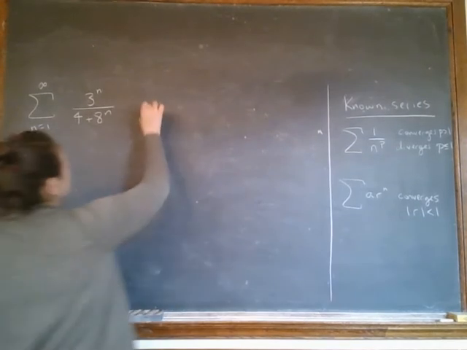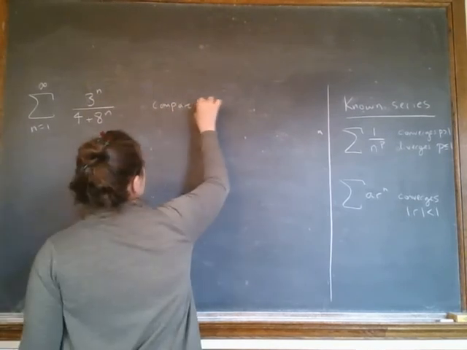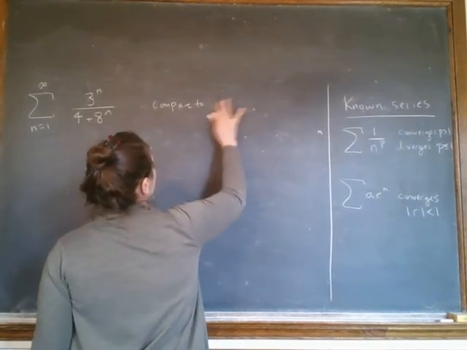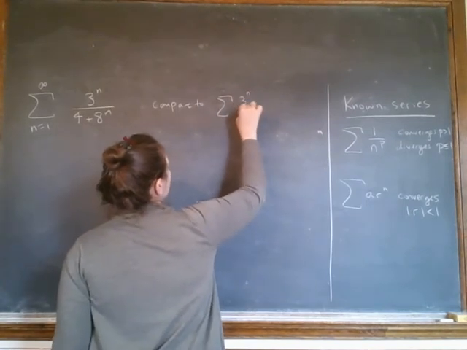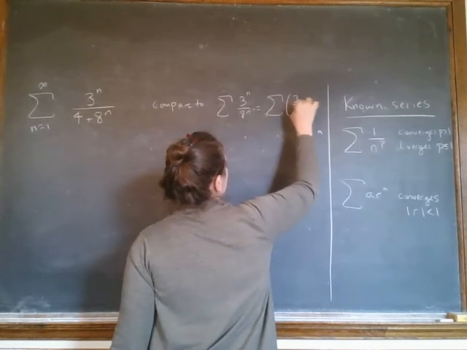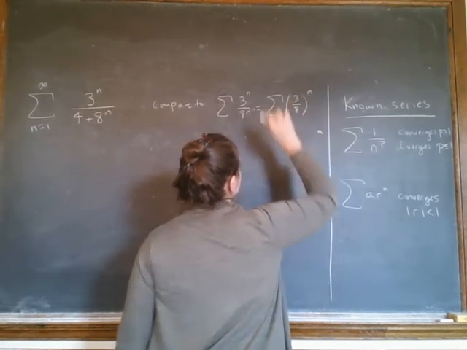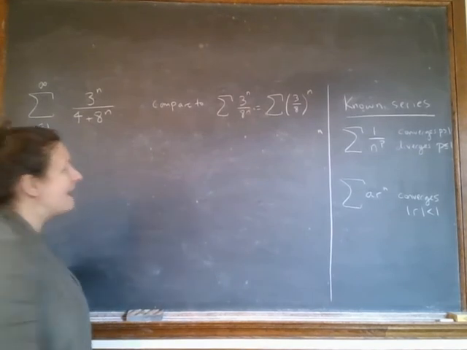Now we know, compared to 3 to the n over 8 to the n, okay, so that's (3/8) to the n.